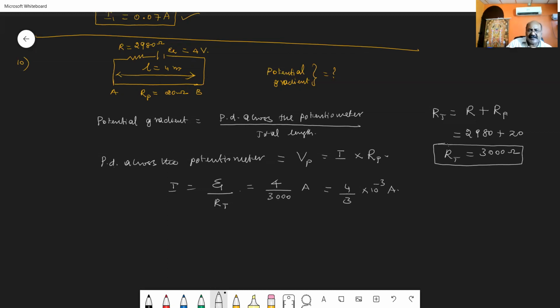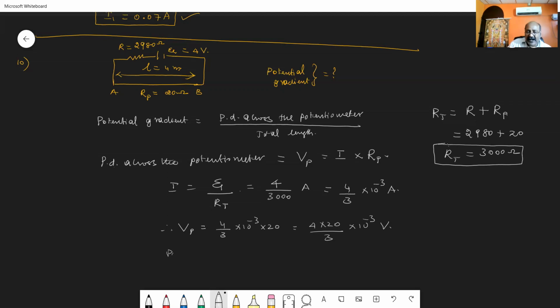Now you take this and substitute here. Therefore, potential difference across the potentiometer Vp is current I, 4 divided by 3 into 10 to the power of minus 3, into 20. What will be your answer then? So, 4 into 20 divided by 3 into 10 power minus 3 volt.